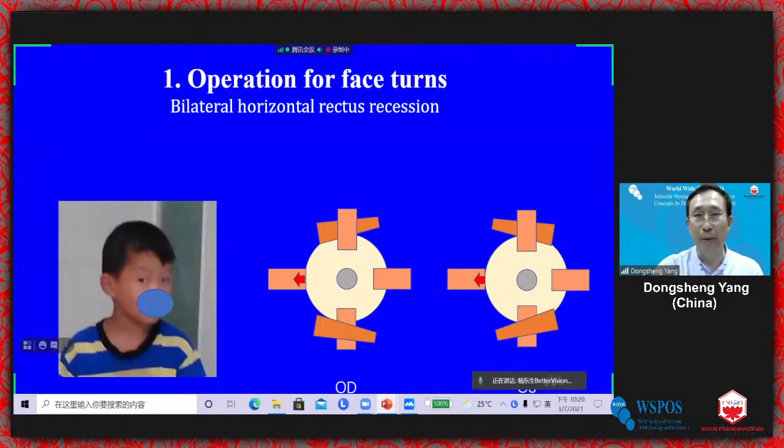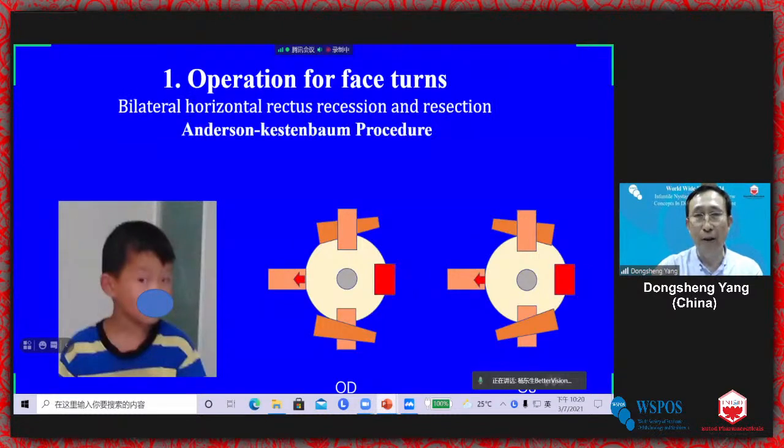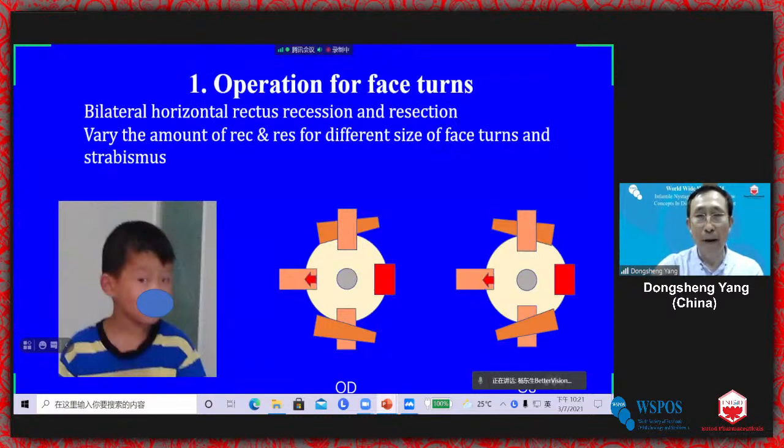And also some people may prefer to have the other pair have the resection. It's called the Anderson-Kestenbaum procedure also. And you can also vary the amount of the recession. Then you can take care of the different size of the face turn and the strabismus.